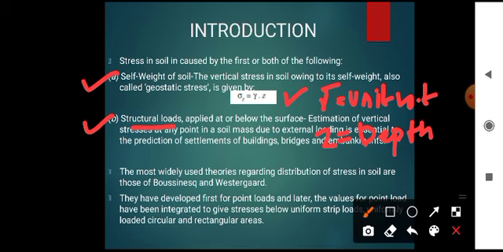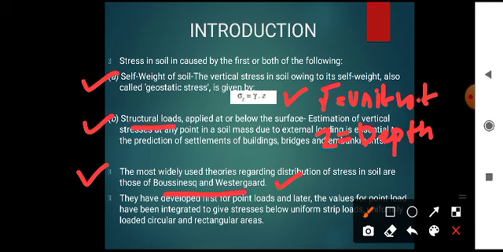In most applications, to understand the distribution of stresses in soil, we will be using two popularly known theories: first the Boussinesq theory, and second Westergaard's theory. These two researchers provided a systematic way of analyzing the stress under any applied load in the soil, so that it can be calculated in a precise manner.